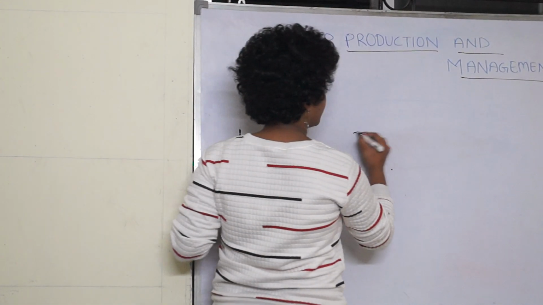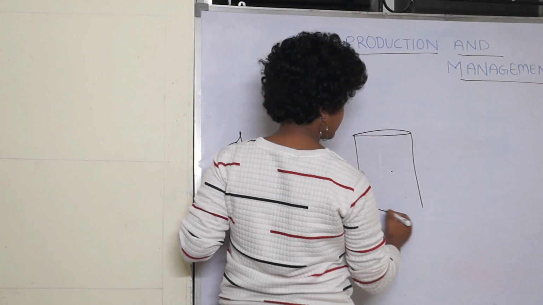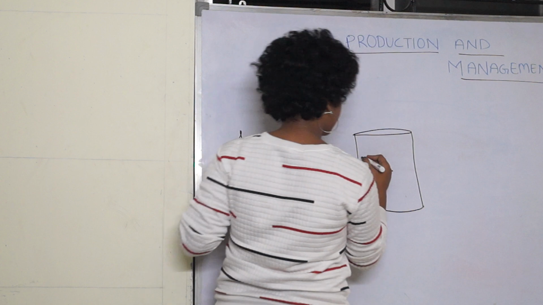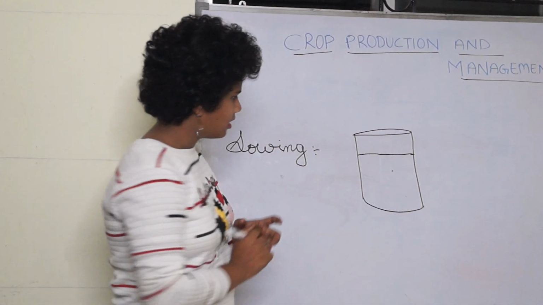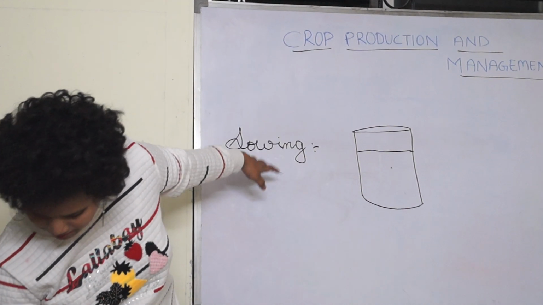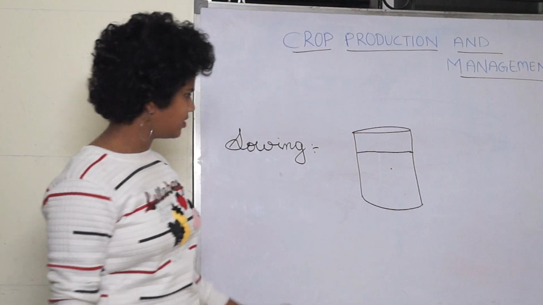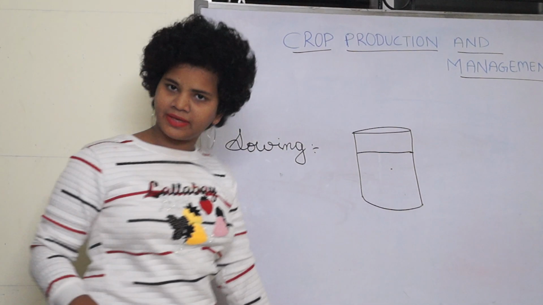Let's take a beaker here. This is a beaker, and let me pour some water till here. Till here I poured some water, and now I pour all the seeds into this beaker.